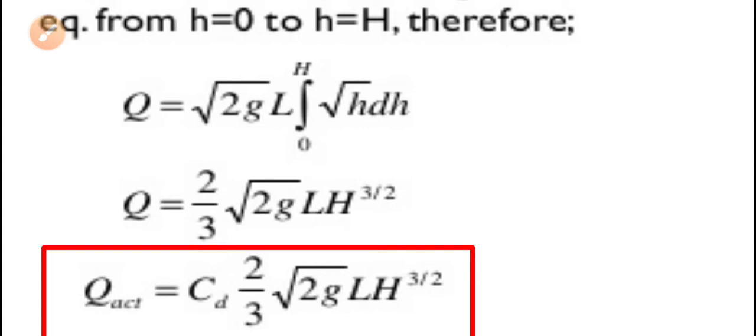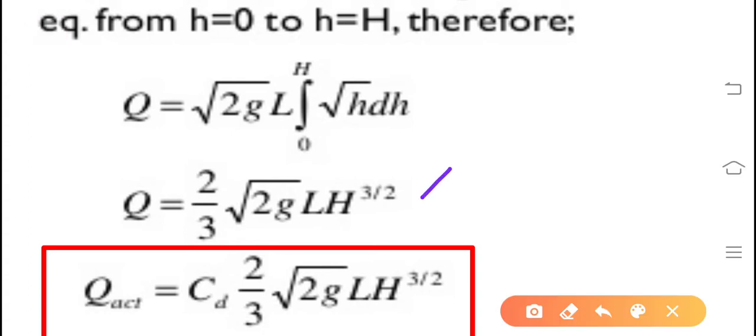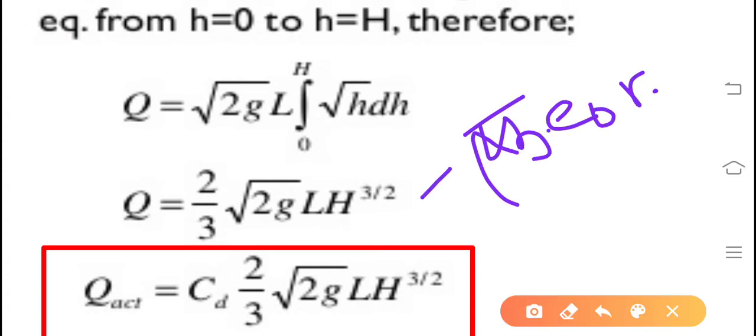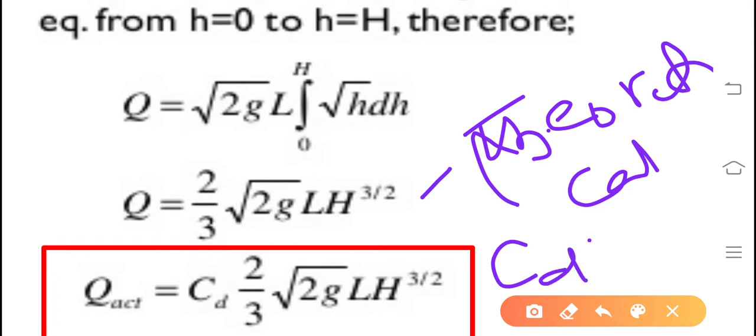Therefore, Q actual is equal to CD into theoretical discharge. This is the theoretical discharge. We know that Q actual is equal to CD multiplied by theoretical discharge, Q theoretical.